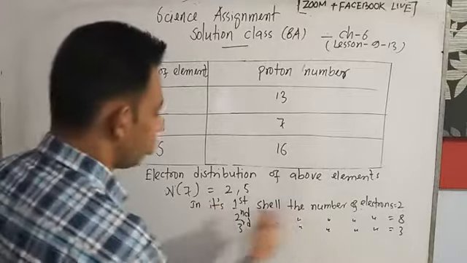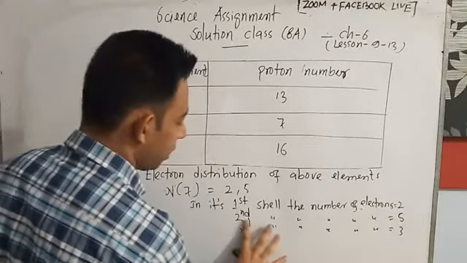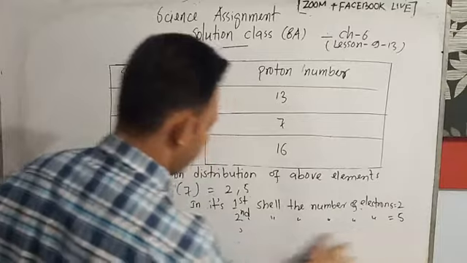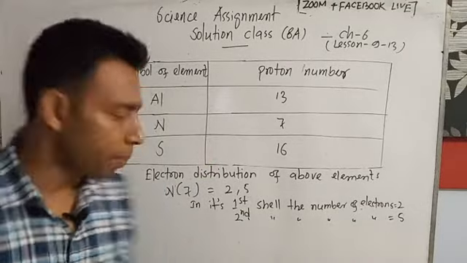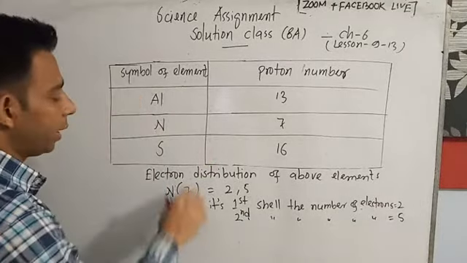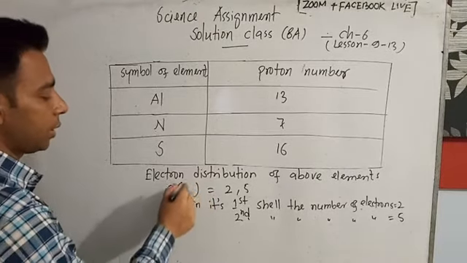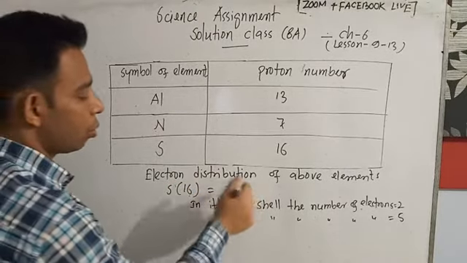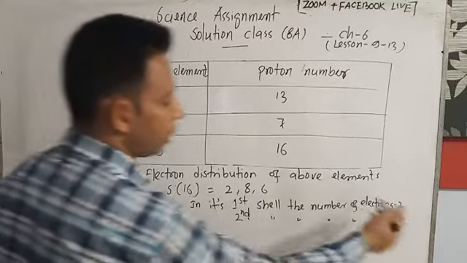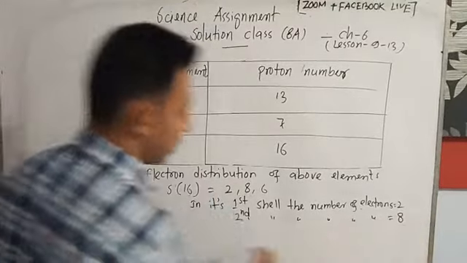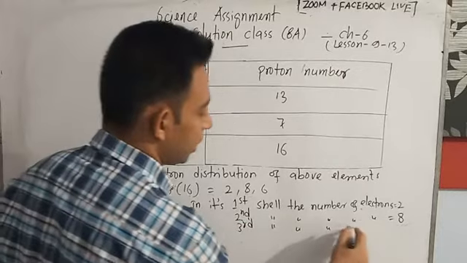In the first shell 2, no need for the third shell, and the second shell will be 5. At first you write the electron distribution of that element. Accordingly sulfur is 16, so 2, 8, 6. The number of electrons in the first shell is 2, the second shell is 8, and the third shell is 6.